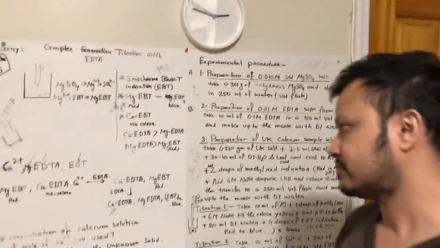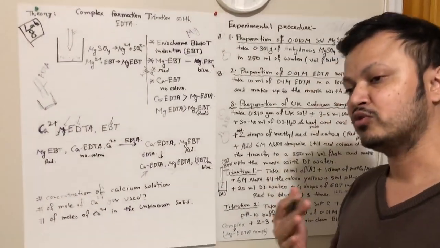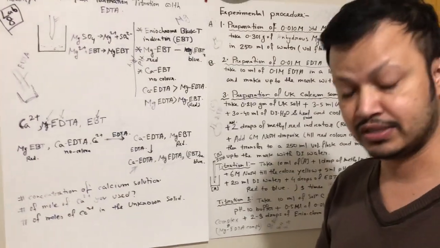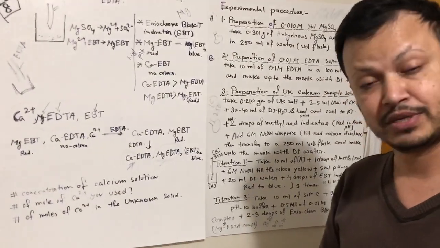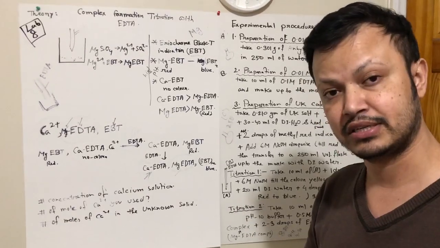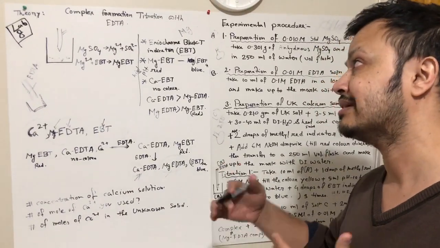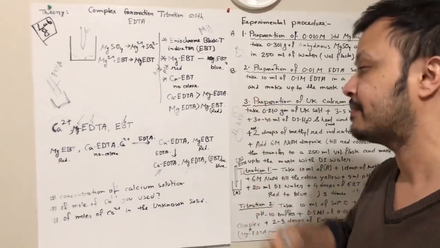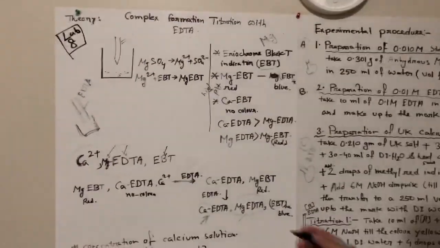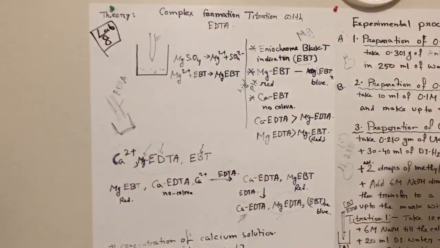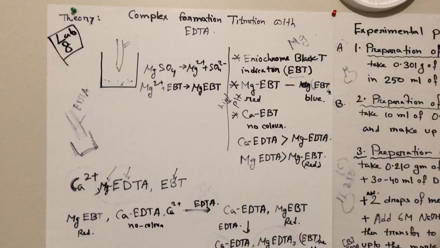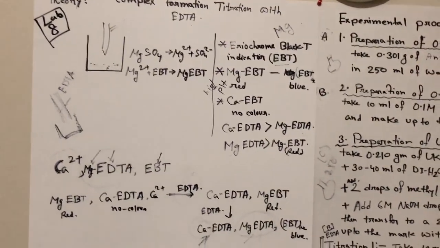So till today's lab we learned gravimetric titration, conductometric titration, and pH metric titration. Today we are going to learn another type of titration that is called the complexometric titration. As I said, the calcium doesn't have any suitable indicator, so that's why we actually use some magnesium.